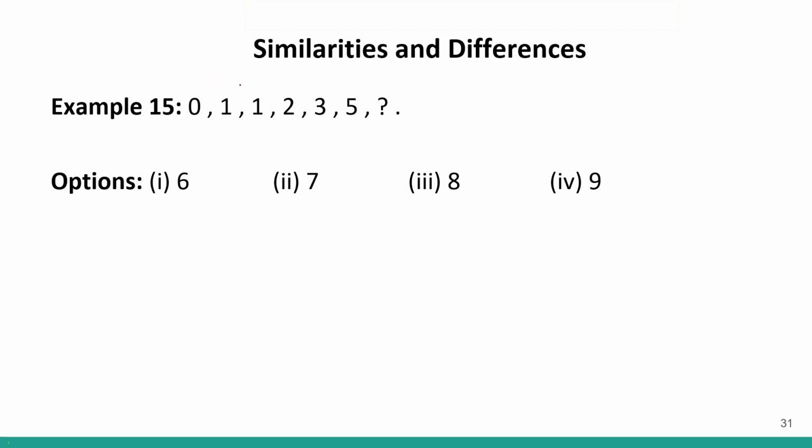So now, whenever you see something like this, it is called a Fibonacci sequence, however you want to pronounce it. In this sequence, the last two numbers are added to get the next number. So over here, if I add 0 plus 1, I'll write it over here. 0 plus 1 will give me 1, right? 1 plus 1 will give me 2. So this plus this gives me this. Now, 1 plus 2 will give me 3.